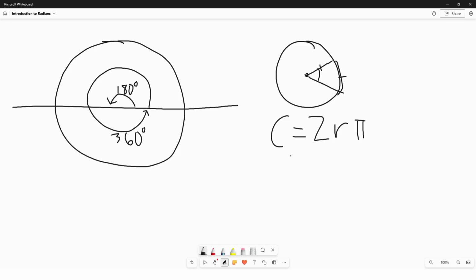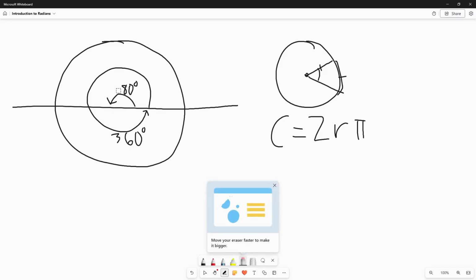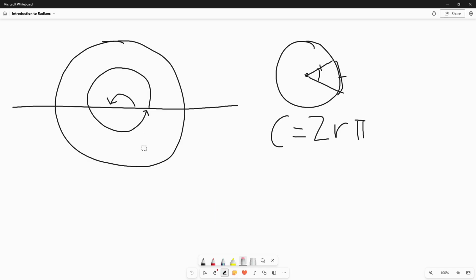So that means there are 2 pi radians in every 360 degrees, or circle. And that also means that for 180 degrees, there is pi radians. So what we can do is replace this 180 degrees with pi and 360 degrees with 2 pi, because that is what the angles are equivalent to in radian measure. So again, 180 degrees is equal to pi radians, and 360 degrees is equal to 2 pi radians.